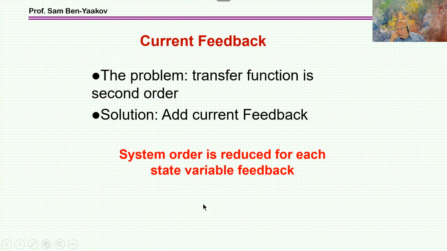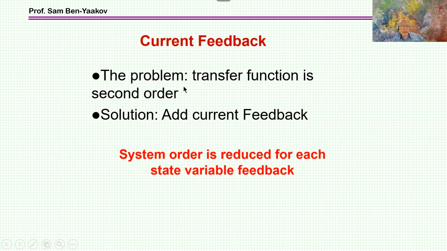Okay, so why do we need the current feedback? Well, obviously, in some cases, we like to control the current, but that's not the reason in many cases that we are using current feedback. The reason is that the bare system of a PWM converter, due to the fact that it has an inductor and a capacitor, is a second order system.